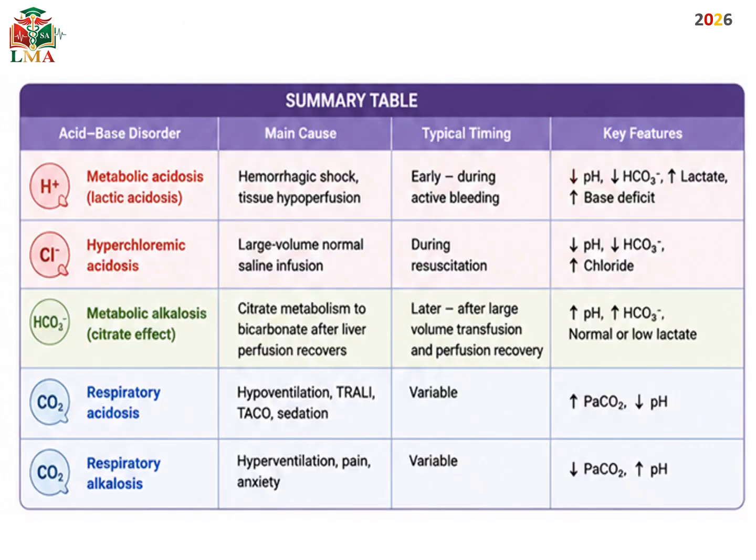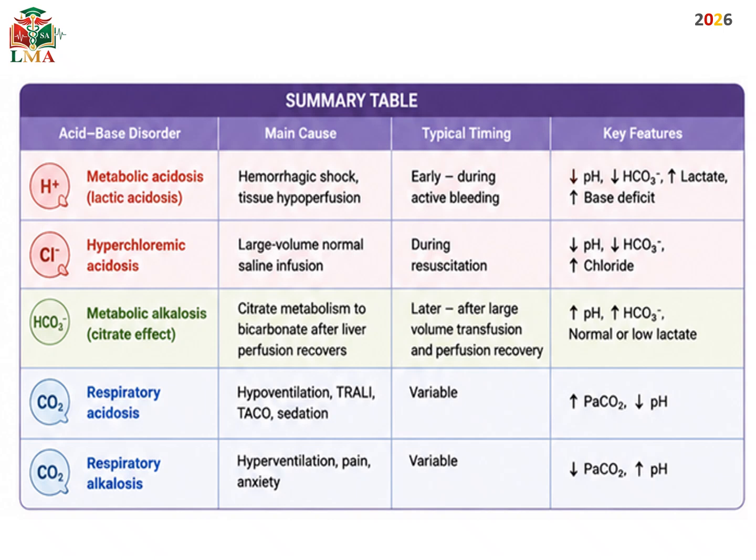So in summary, looking at this picture, we can summarize the acid-base disorders. Metabolic acidosis is due to hemorrhagic shock and tissue hypoperfusion, and it occurs early during the active phase. The key features are reduced pH, reduced bicarbonate, increased lactate, and increased base deficit.